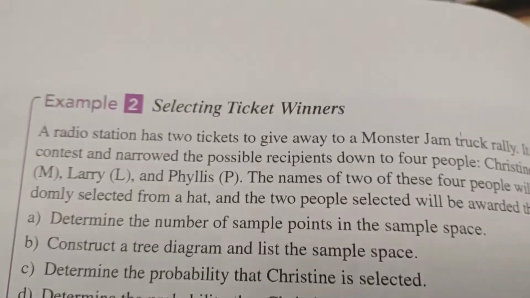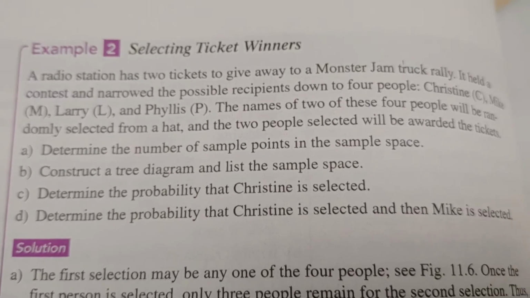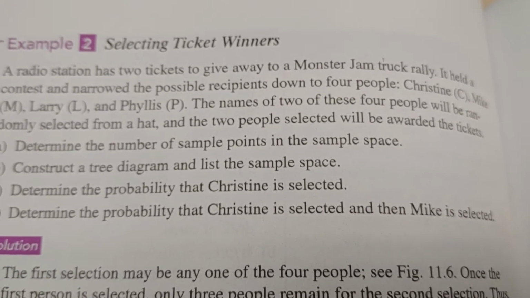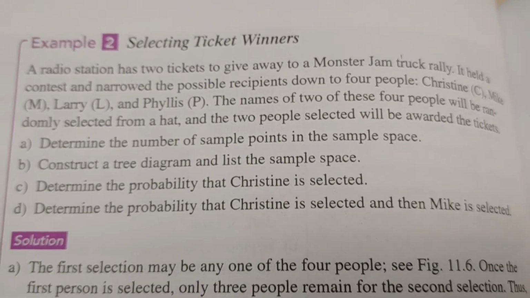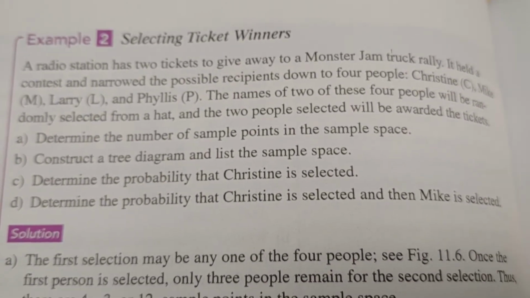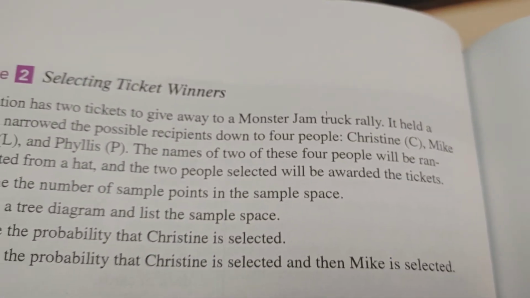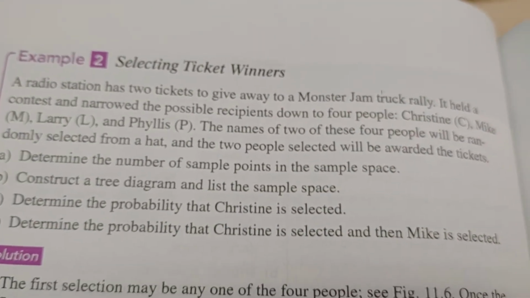We come over here. There's the first example problem. It says a radio station has 2 tickets to give away to a Monster Jam truck rally. It held a contest and narrowed the possible recipients down to 4 people: Christine, Mike, Larry, and Phyllis.